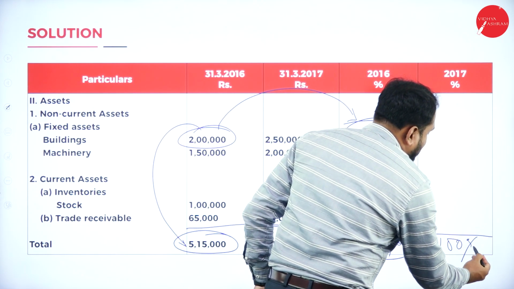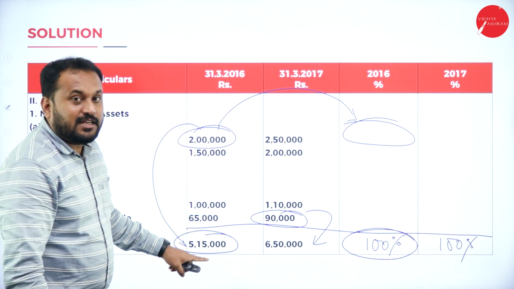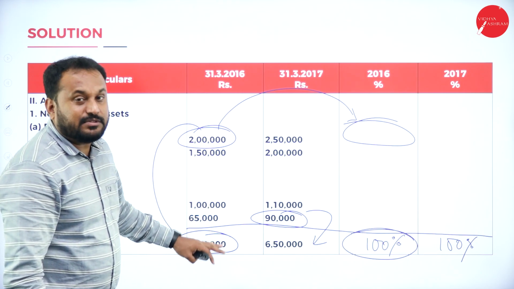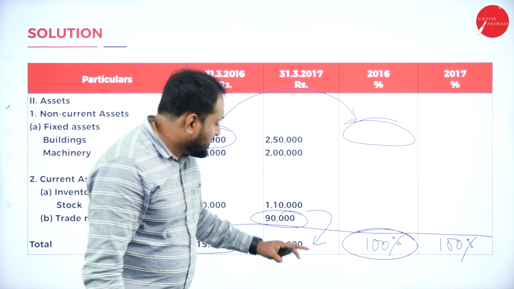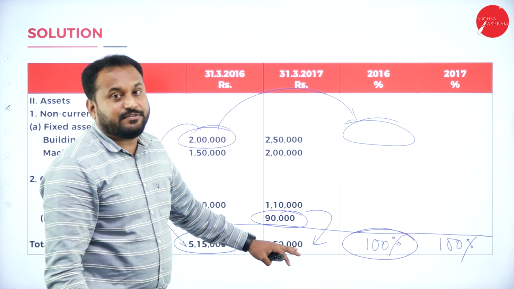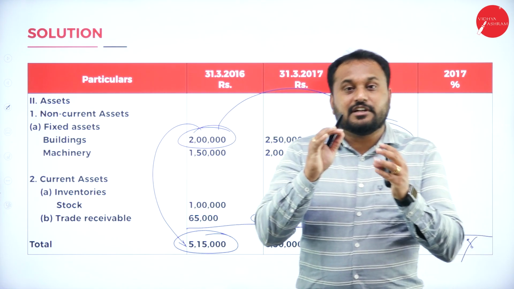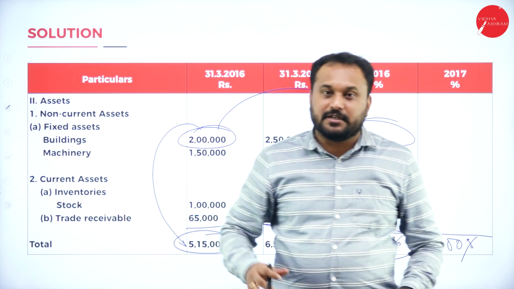You don't need to calculate, you just need to write 100%, because you are dividing and multiplying the same thing. That is 5,15,000 divided by 5,15,000 into 100. Here 6,50,000 divided by 6,50,000 into 100. That is where you will get 100%. So never leave the common size statement as well as the comparative statement.